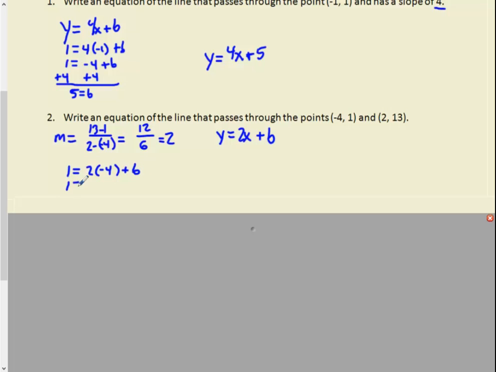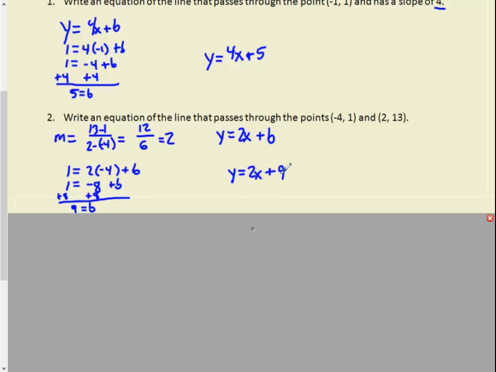And that means 1 is equal to -8 plus b. And we'll move the -8 by adding 8. So we end up with 9. Oops, that's a 9 equals b. So then we have our equation y equals 2x plus 9.